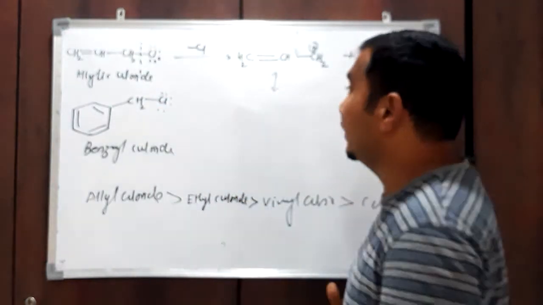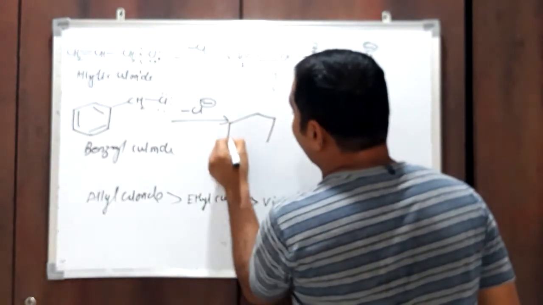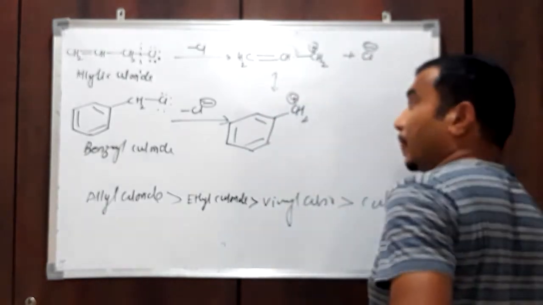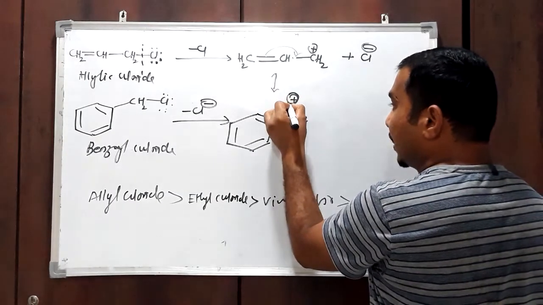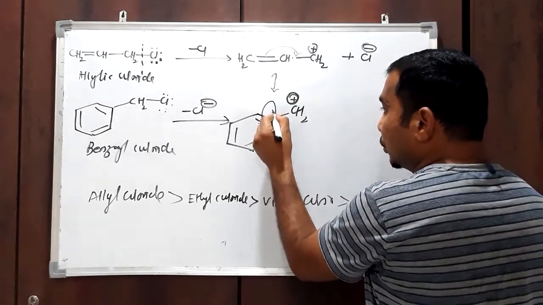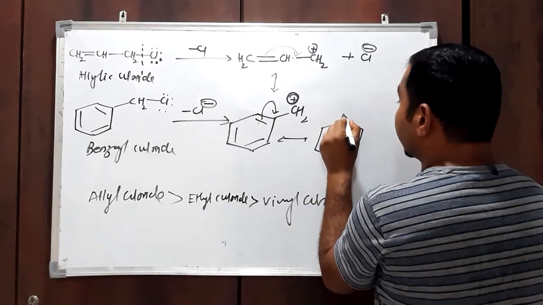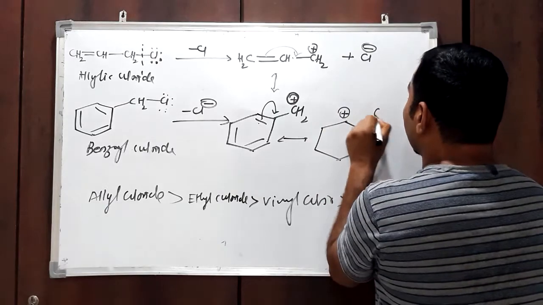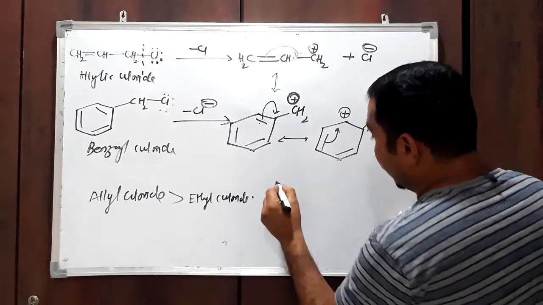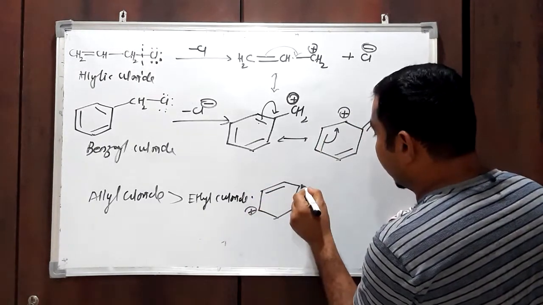And just like in allylic chloride, after removing chlorine as Cl minus, it gives a carbocation, and that carbocation undergoes resonance. The positive charge on this carbon is in conjugation with the pi bonds present in the ring. So you get various resonating structures, which means it gains stability. The stability increases due to resonance.